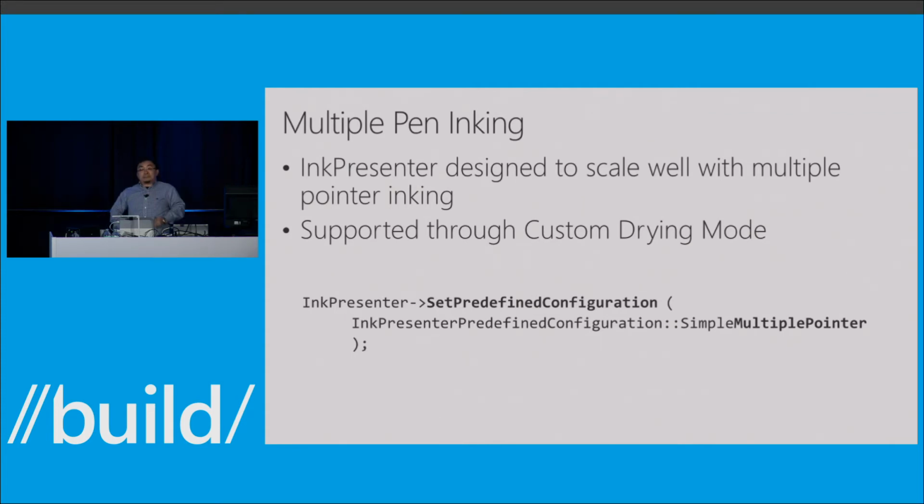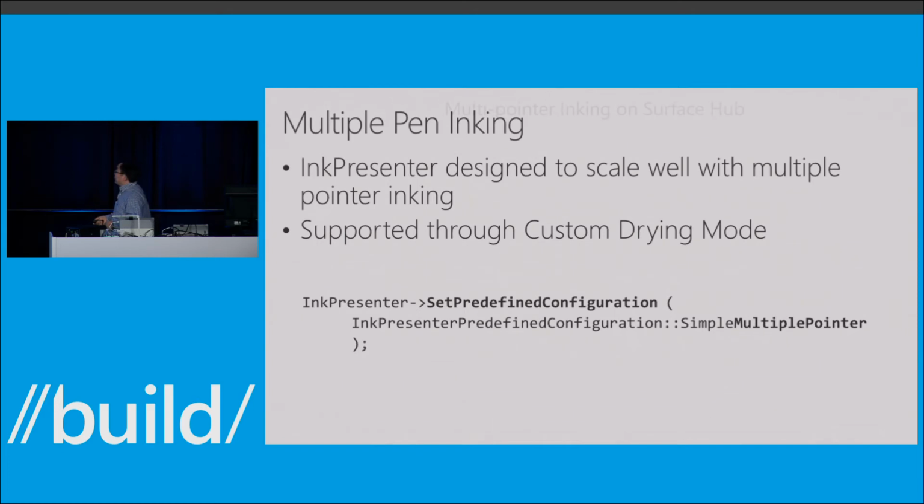Now you may wonder, how can the application do more? With all the knowledge of custom drawing, a large canvas, custom processing of input, support for erasing, there's another thing you can do when the application is in custom drawing mode, which is to enable very powerful Surface Hub type of multi-pointer, multi-pen, multi-finger inking scenarios.